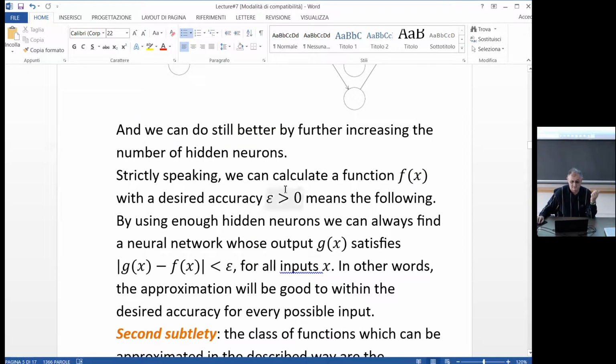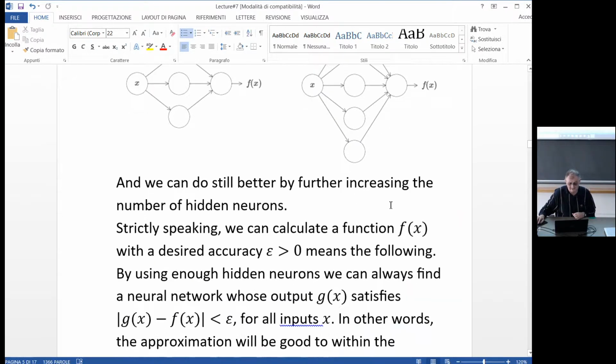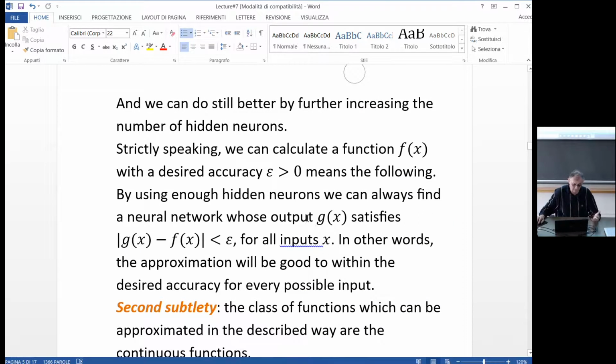So, strictly speaking, having a function f and a desired accuracy epsilon, some small positive number, means the following: having f, we can construct some neural net whose output g of x satisfies the modulus of g of x minus f of x being smaller than epsilon for all inputs x.